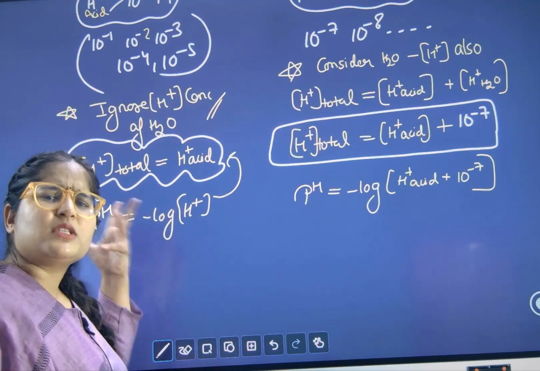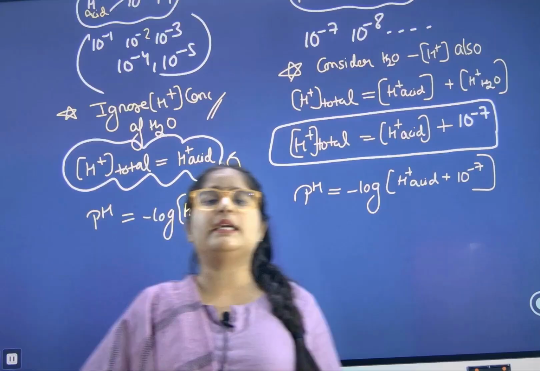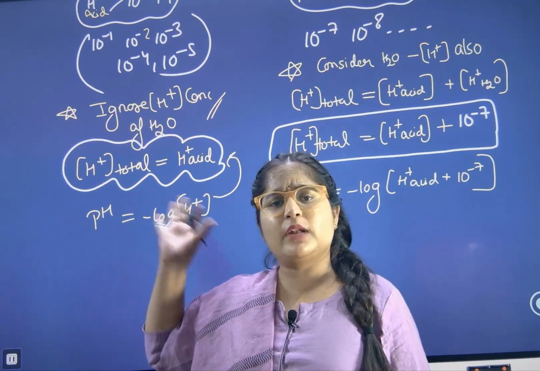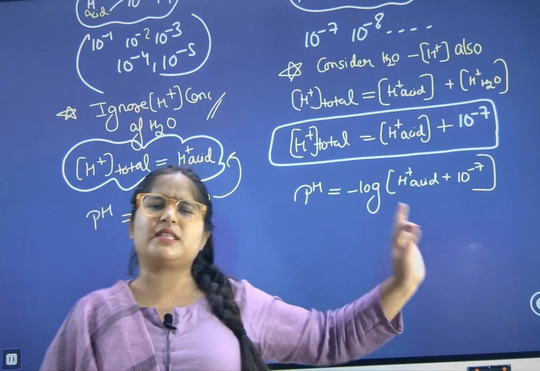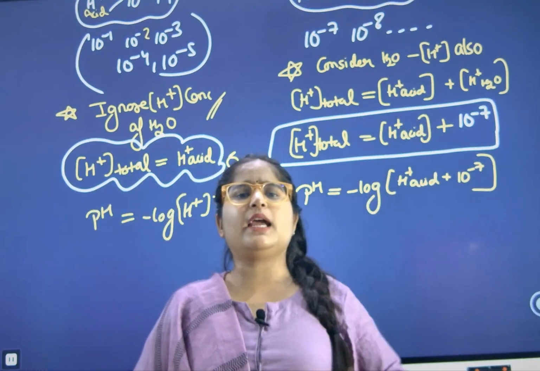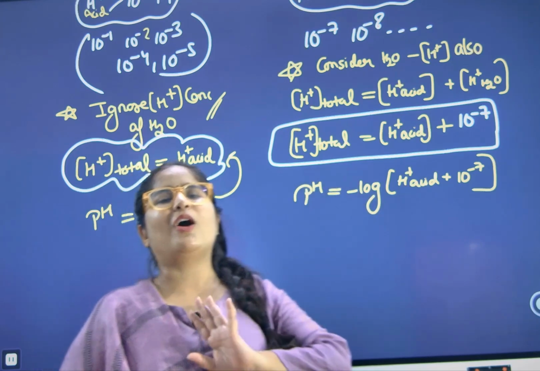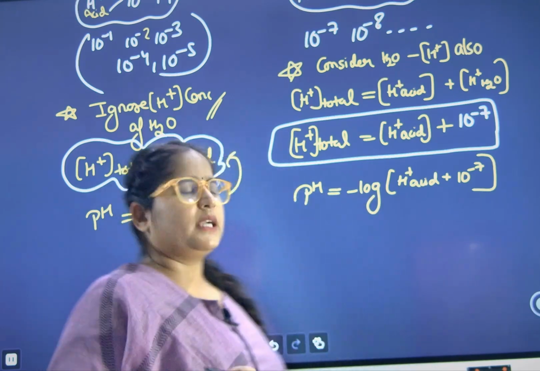Only these are the two star points you have to keep in your brain. If concentration is more than 10 to the power minus 6, simple formula, easy question. If concentration is less than 10 to the power minus 6, then also not a big deal, just add 10 to the power minus 7, that is the H ion of water, that we will not ignore. Clear? Let us solve one question and then we will understand the next.